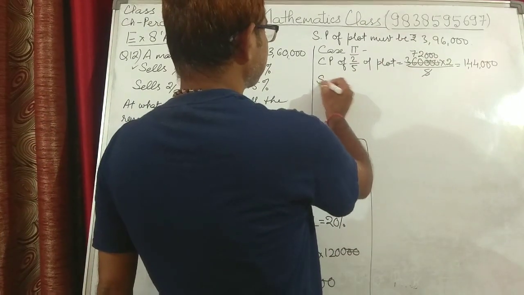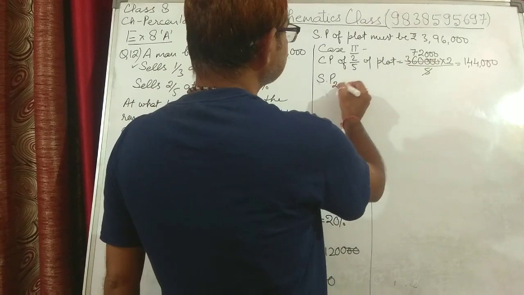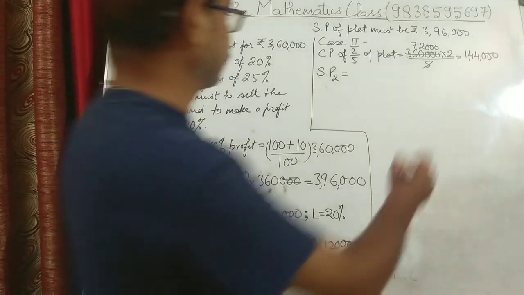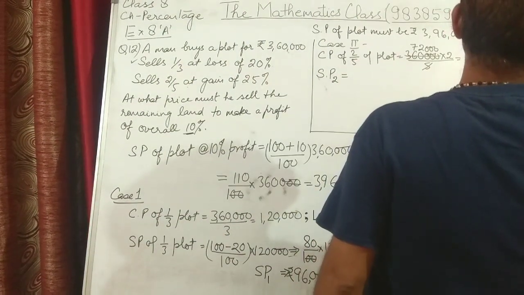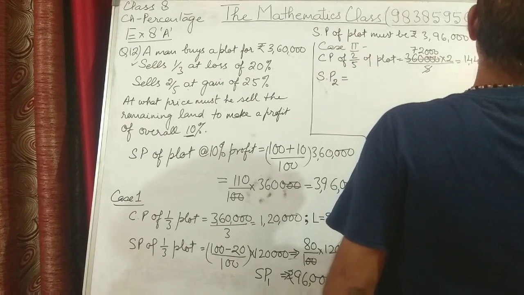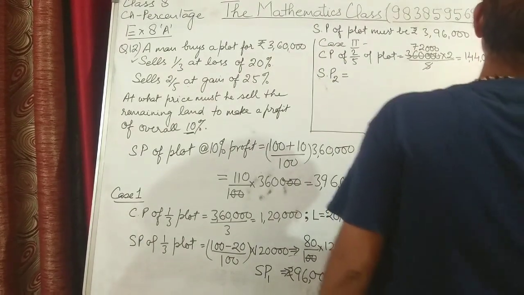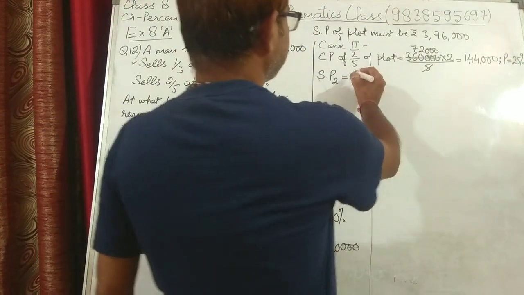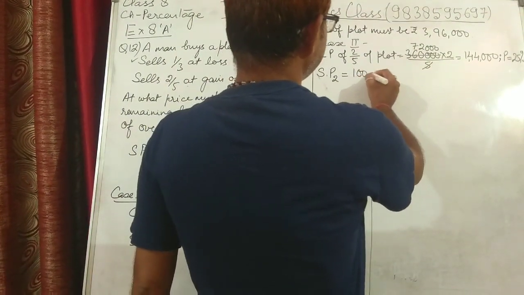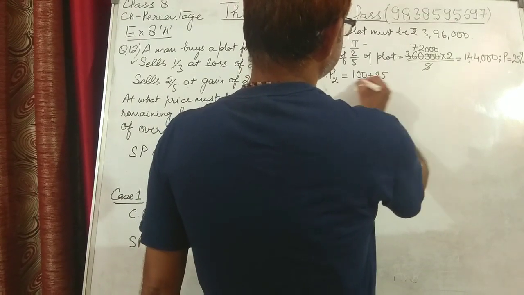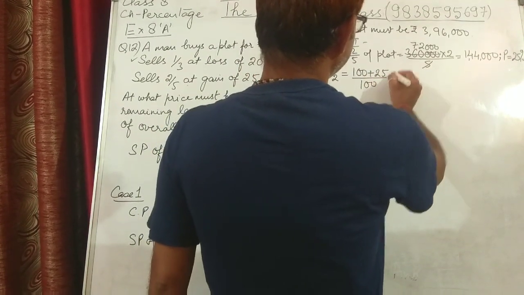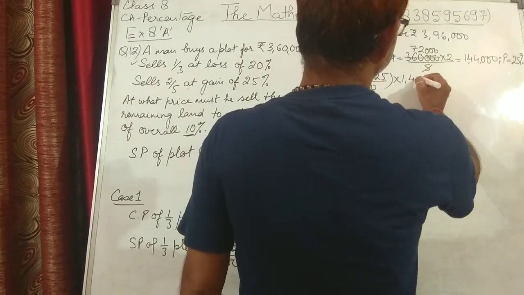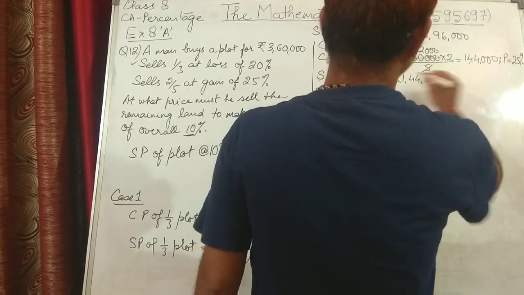I am writing SP2, meaning the selling price in the second case. Since there is a profit of 25%, we know the formula, (100 plus profit percent) upon 100 into CP. So the selling price is 100 plus 25, that is profit percent, upon 100 into the CP of 2/5, that is 1,44,000.